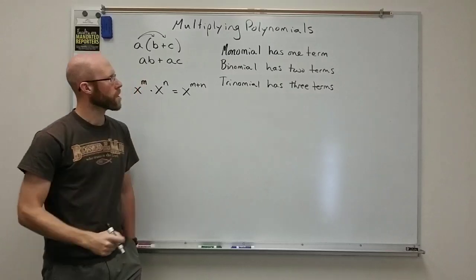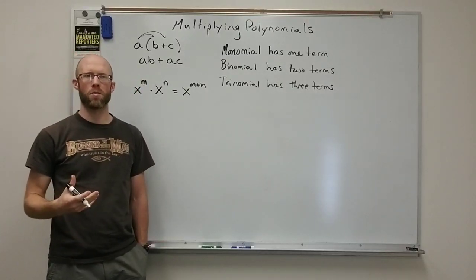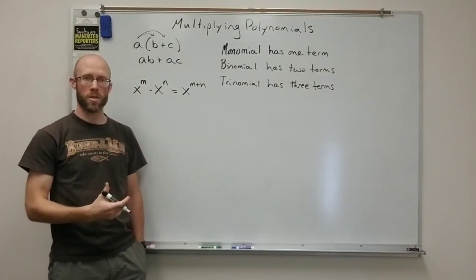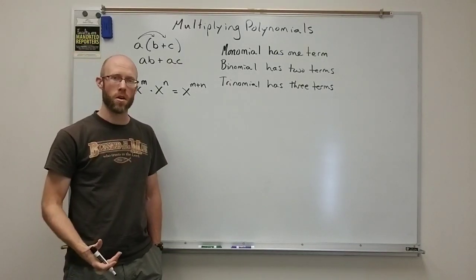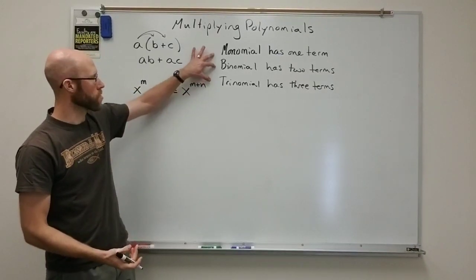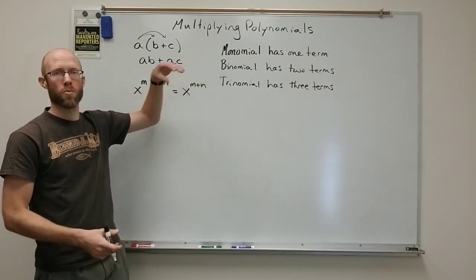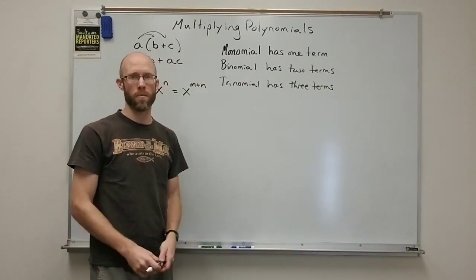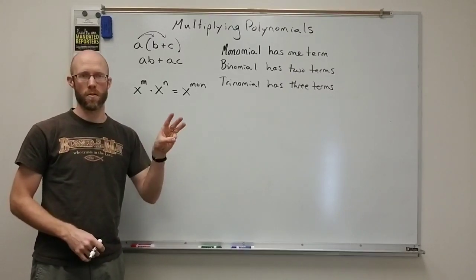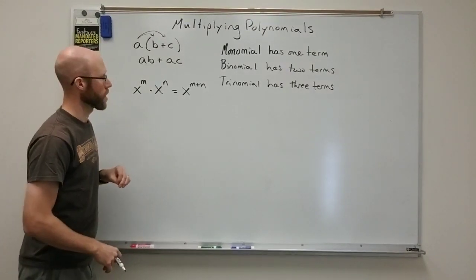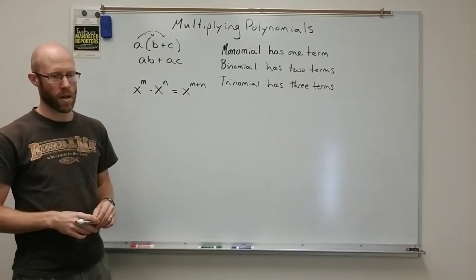Okay, so we don't really have any special words to represent anything beyond trinomial, three terms, but at least when you see these three terms, or when I use them, you'll know what I'm talking about. Okay, so monomials have one, binomials have two, and trinomials have three. Okay, so we're going to do a lot with all of these.